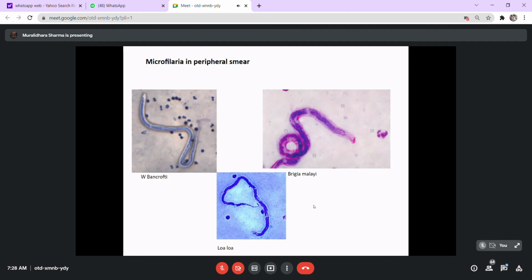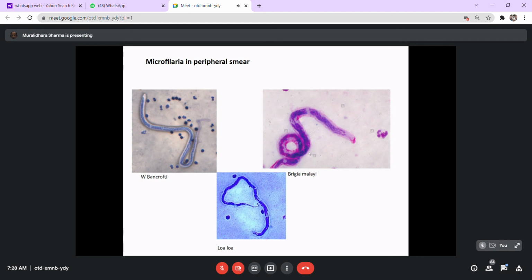smear would show the evidence of the filariae, the microfilariae, and the commonest which we see in our area is Wuchereria bancrofti, and Wuchereria bancrofti would have a basophilic character. It will take bluish stain and it will have a wider head and narrow tail.